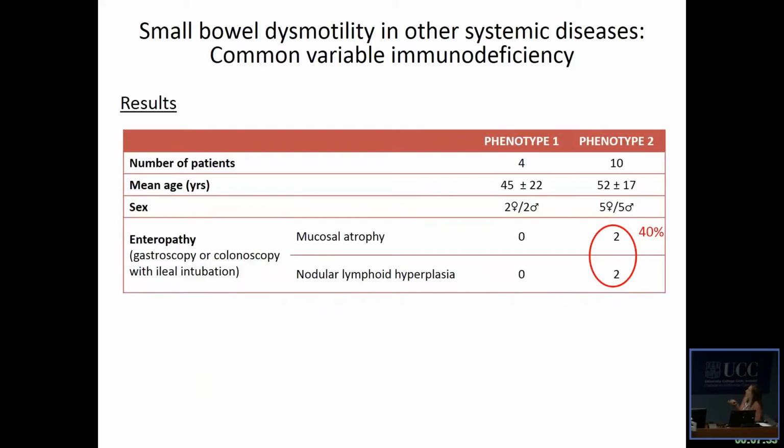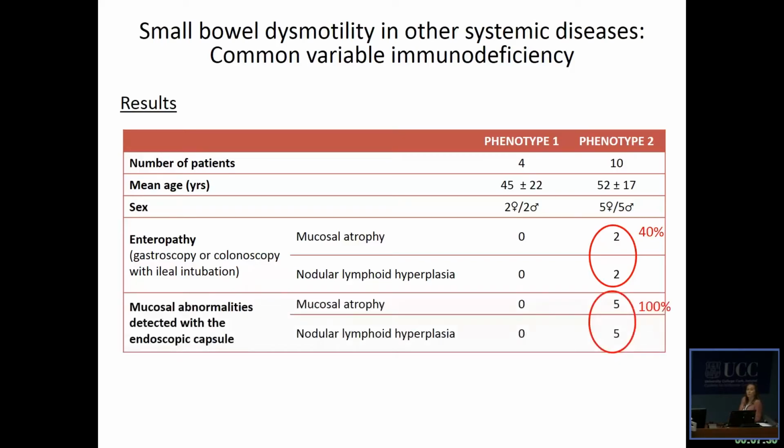So we did our capsule test on 14 patients. Four were phenotype 1, and 10 were the more complicated phenotype 2 patients. They all had previously been studied by endoscopy with gastroscopy or colonoscopy. 40% of them had abnormalities with conventional endoscopy. With the capsule, of course, we measure motility, but we can also look at what we're seeing in the mucosa.